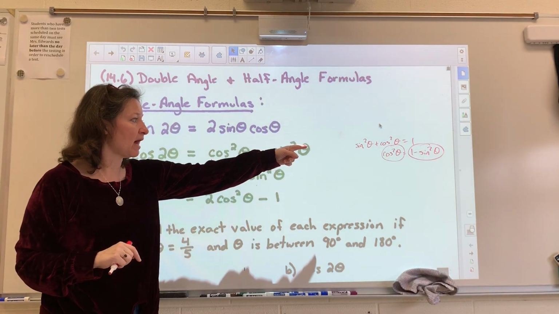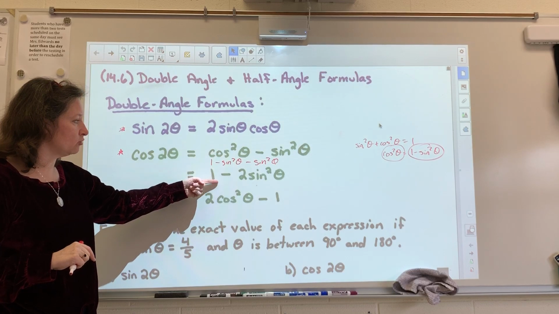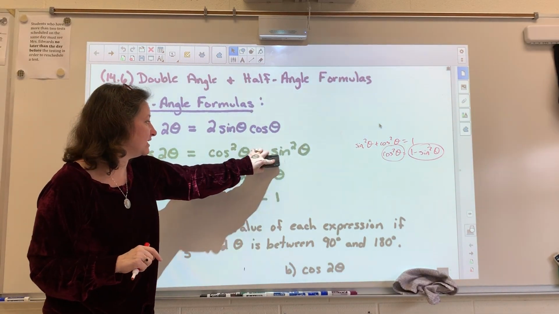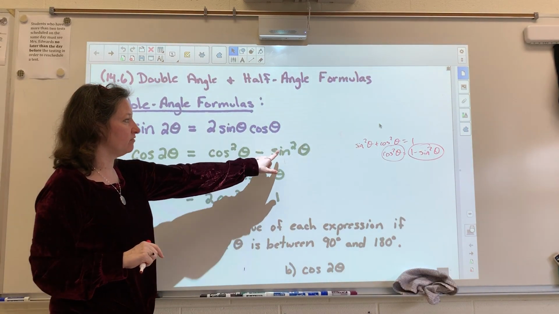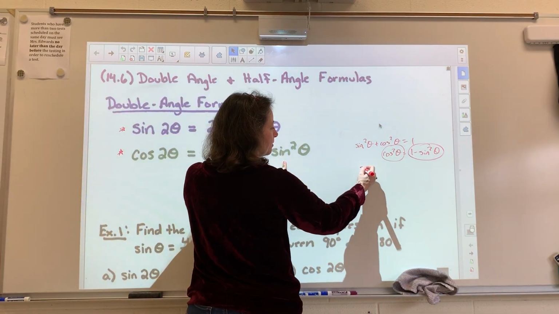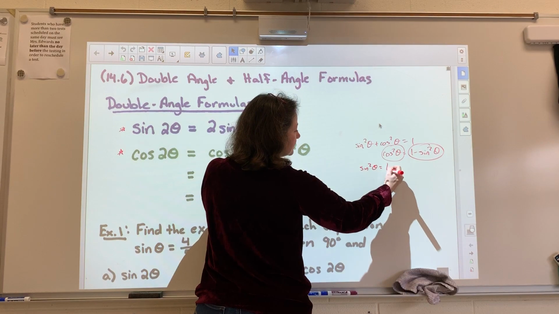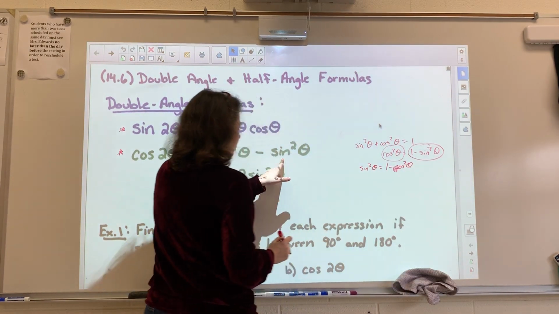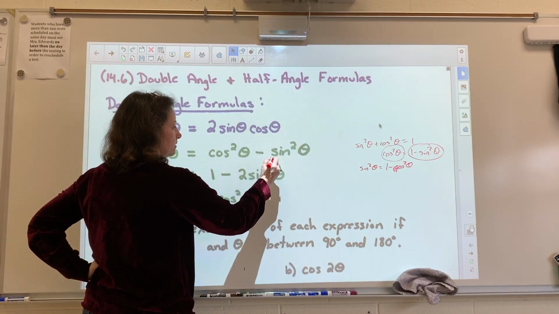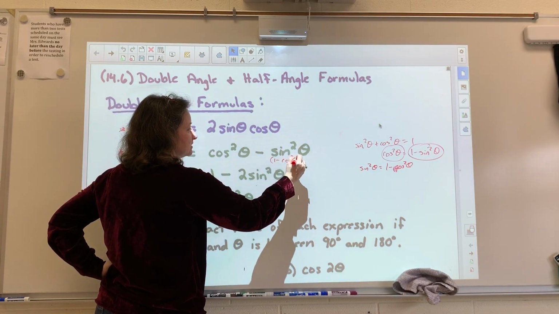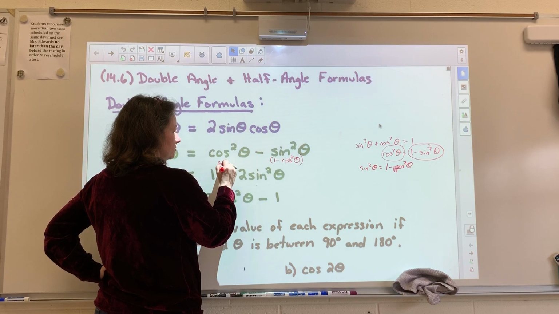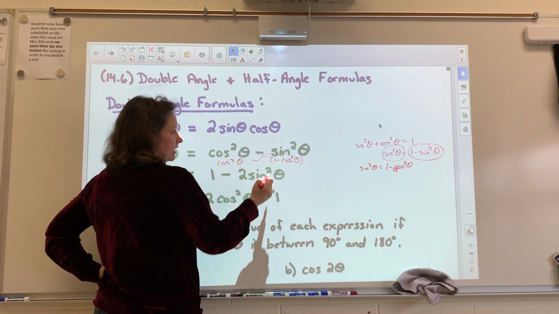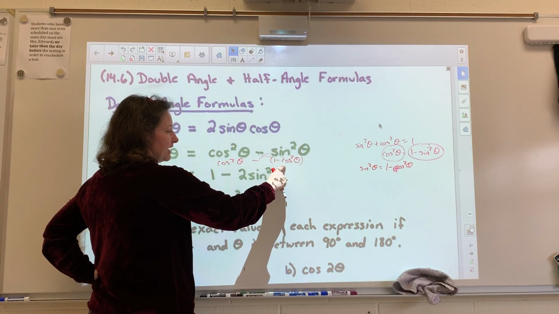So all they did was apply the Pythagorean identity to get rid of the cosine, so all we have is sine. Same thing, you might want everything to be cosine, which means we want to replace sine squared. Well, if we use our Pythagorean identity, sine squared equals 1 minus cosine squared. So we can replace that sine squared with 1 minus cosine squared, distribute the subtraction, the negative, and we get a negative times a negative, a positive.